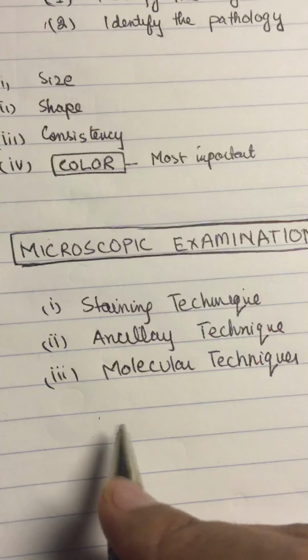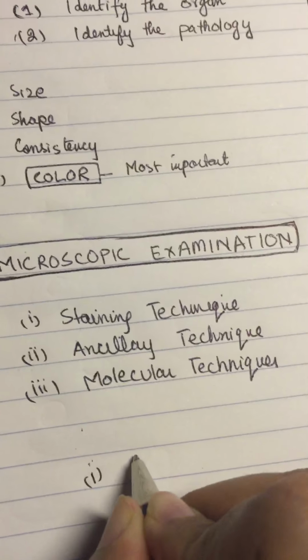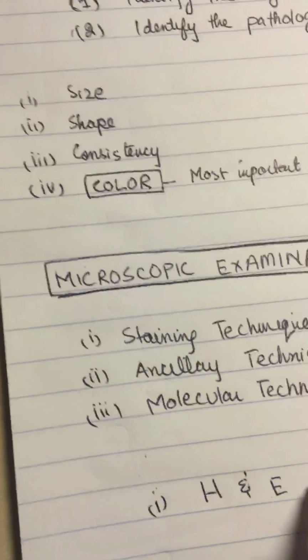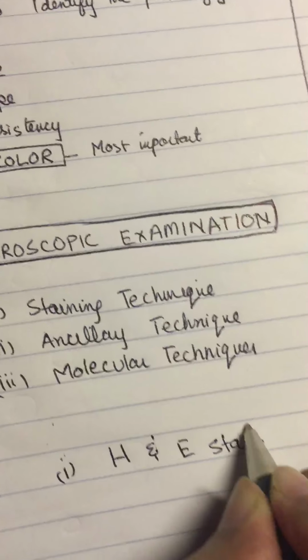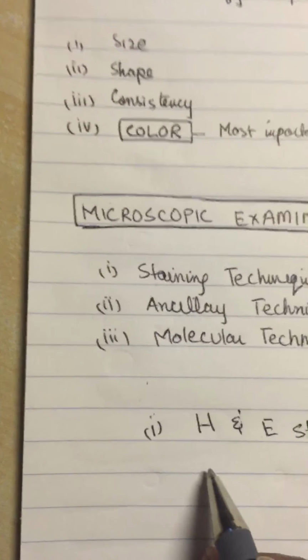The most important stain that they are going to use is the H and E stain, that is called hematoxylin and eosin stain.